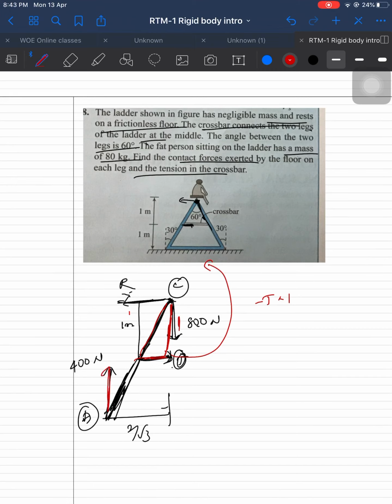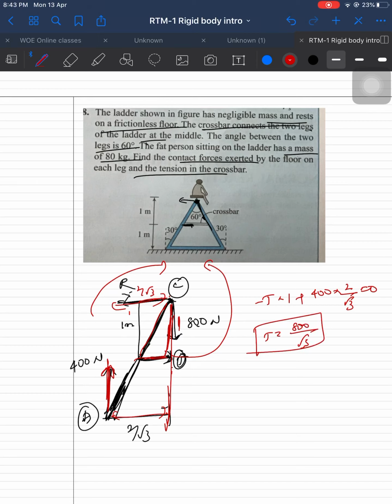The other force is the normal, acting about this point with perpendicular distance 2 by root 3, in the clockwise direction, so plus 400 into 2 by root 3 is equal to 0, and T is equal to 800 by root 3. That is the answer.